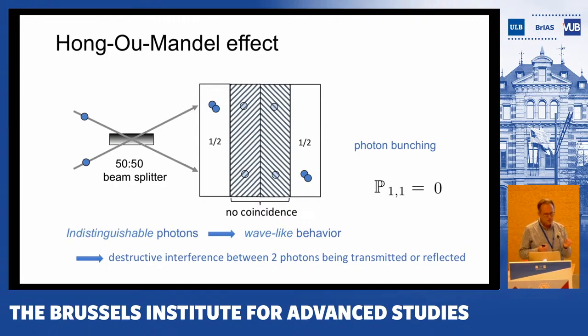As you know, if you have two photons that are completely indistinguishable in all ways, and you send them into a 50-50 beam splitter, they will behave as waves, and therefore there will be, in principle, perfect destructive interference between the case where they both cross the beam splitter and the case where they are both reflected, which means in practice that you will never see a coincidence, right?